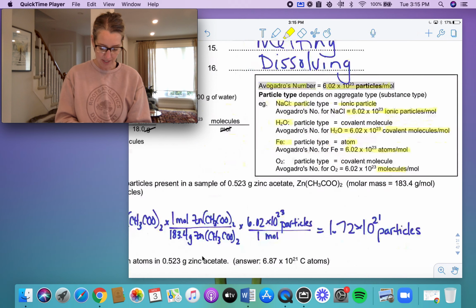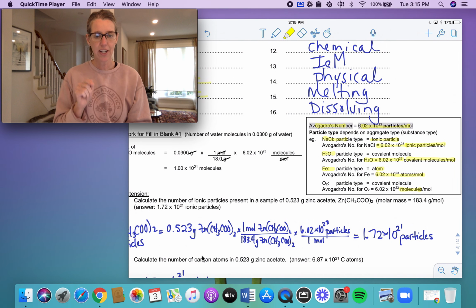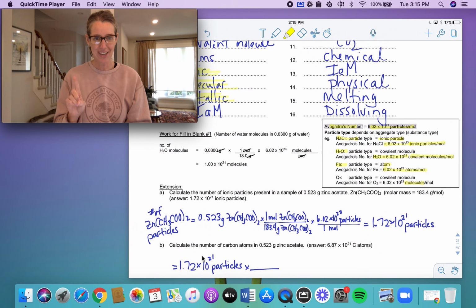Okay, here's the calculation that you wanted to work through. Calculate the number of ionic particles that you have in a sample of 0.523 grams of zinc acetate. The question's already given you the molar mass, so you're halfway there, because again, that's a bit of review. So we know that you know how to calculate molar mass given 1 decimal place. How do we use that?